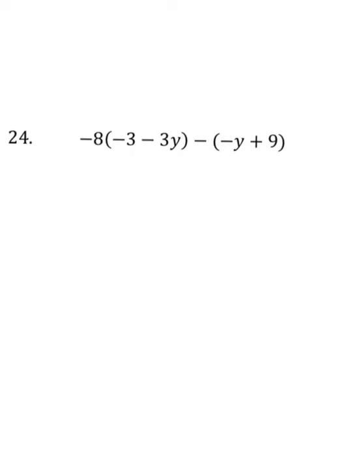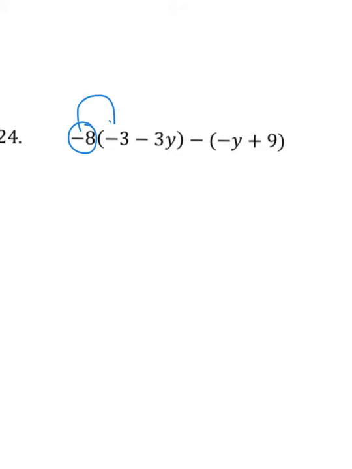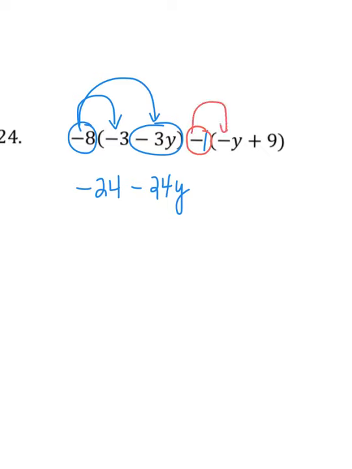Here we go. Ooh, look at a bunch of negative signs and parentheses. Woohoo! Can do this. Negative 8 to start distributing times negative 3, negative 24y. This is a negative 1. Negative 1 times a negative 1 is going to be a positive 1y.